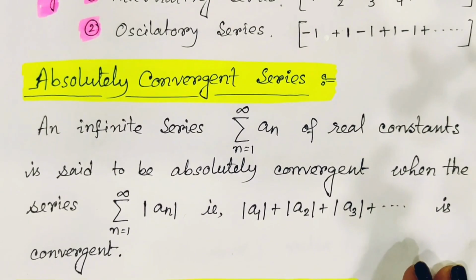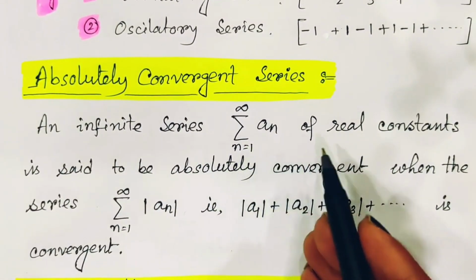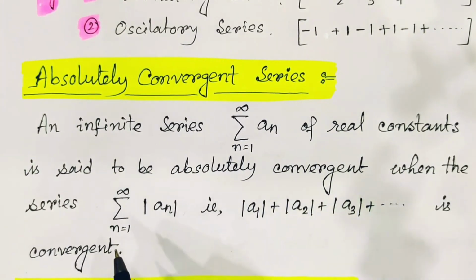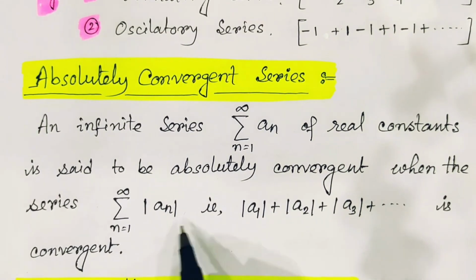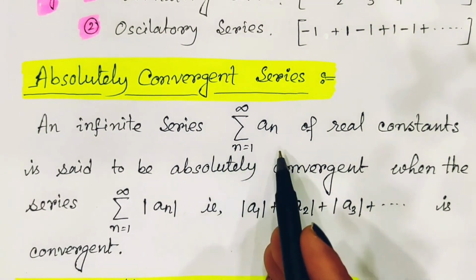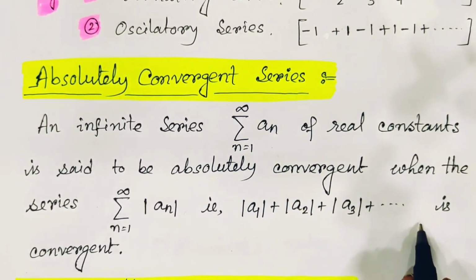An infinite series summation an of real constants is said to be absolutely convergent when the series mod of an, that means all the terms, whatever terms are there in the given series, all taken under mod, that series is convergent.